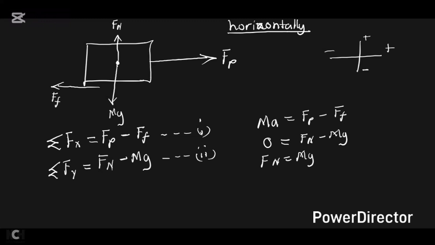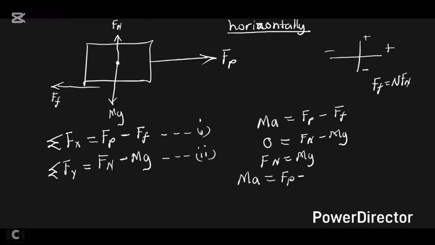We want to calculate the acceleration at which this object was moving, so you're supposed to say ma is equal to the pull force minus the friction force. Remember how we calculate the friction force: it's mu times the normal force.